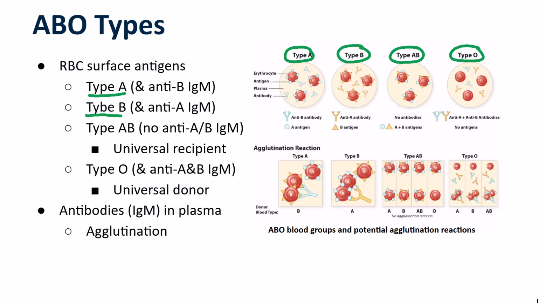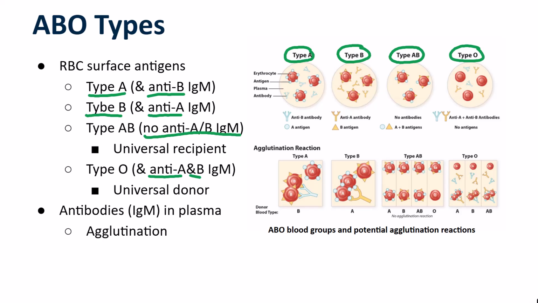So, for instance, someone who is type A will have anti-B antibodies, specifically IgM, which are agglutinators within their blood plasma. Someone who is type B will have anti-A antibodies. Someone who is type AB will not have any of these anti-A or anti-B antibodies. And someone who is type O will have both anti-A and anti-B antibodies within them.